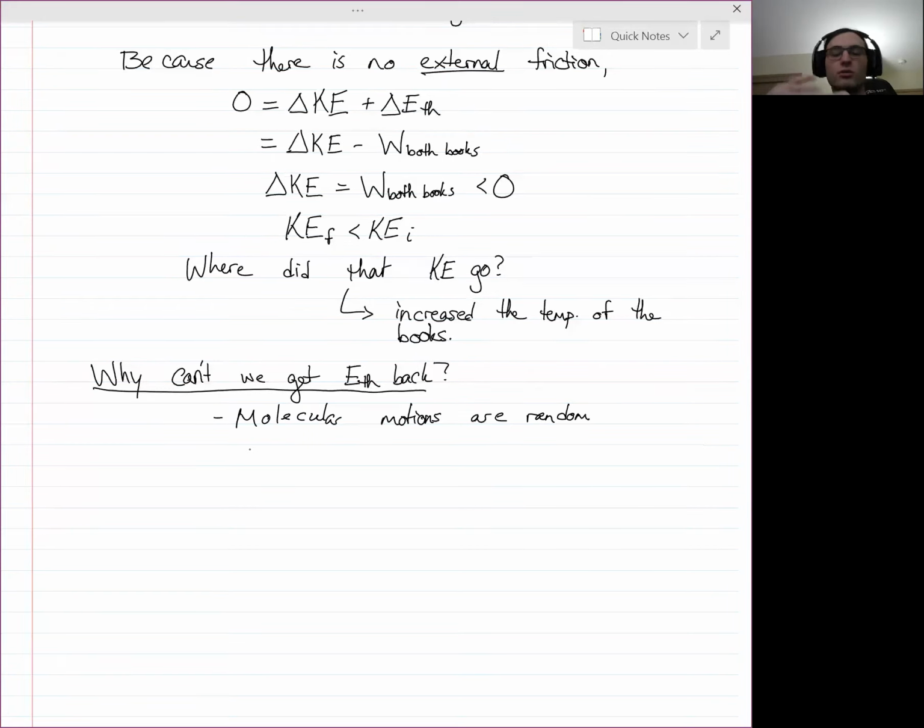Thermal energy, which is effectively kinetic energy of molecules, is more randomly distributed. So you can go from an orderly arrangement of kinetic energy to a disorderly arrangement just by shuffling things up. But it's very, very hard to go from a random arrangement, molecules moving every which way, to every molecule moving in the same direction.